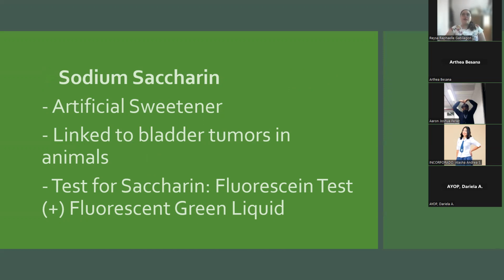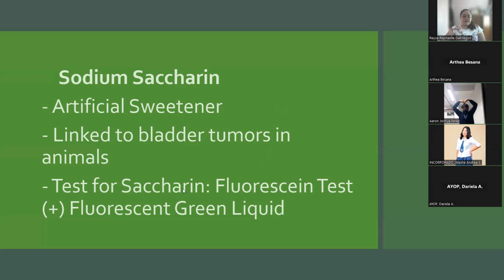Tapos number 2, they will be using a lot of that para mapatamis nila ilang ginatimpla. So sila nagtipid man sila nang nagagamit sila magic sugar. Pero you have to educate the public that it is considered carcinogenic.